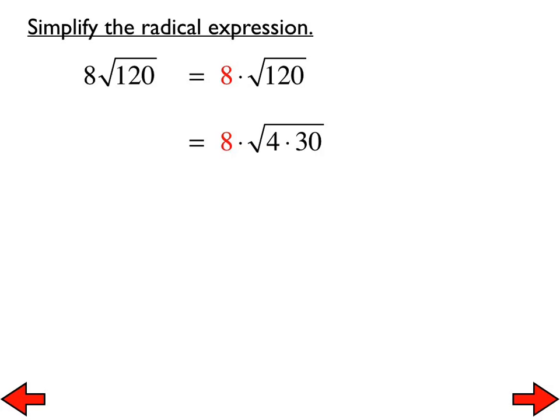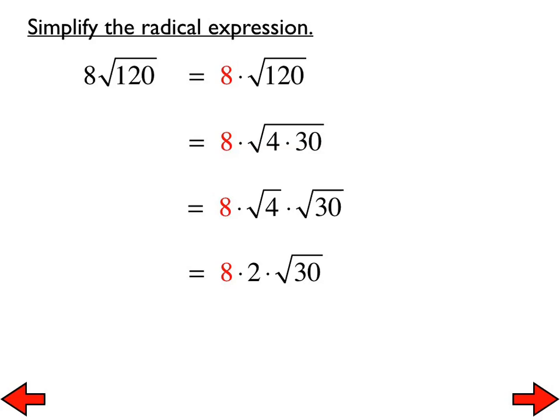I'm going to do all the work for you. The biggest perfect square that goes into 120 is 4. So I'm going to break that up into square root of 4 times square root of 30. And notice I made my 8 a different color so you can see exactly what I'm doing. The square root of 4 is 2. So now I have 8 times 2 times the square root of 30.